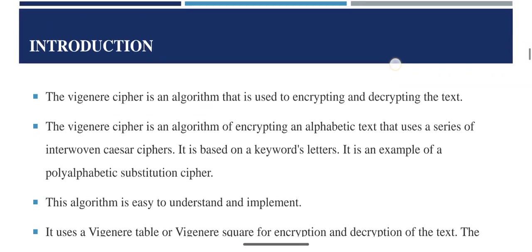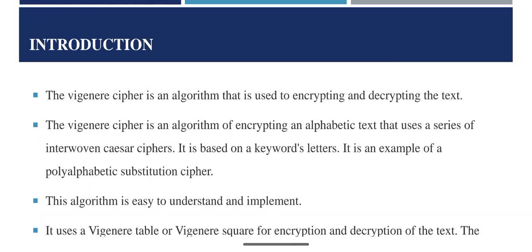Introduction. The Vigenere cipher is an algorithm that is used for encrypting and decrypting text. The Vigenere cipher is an algorithm of encrypting alphabetic text that uses a series of interwoven Caesar ciphers. It is based on keyword letters.